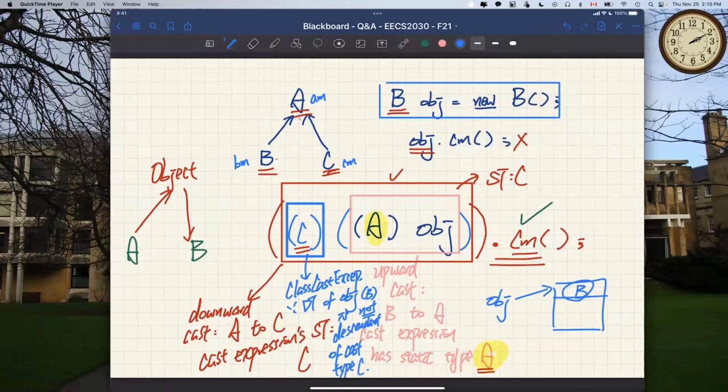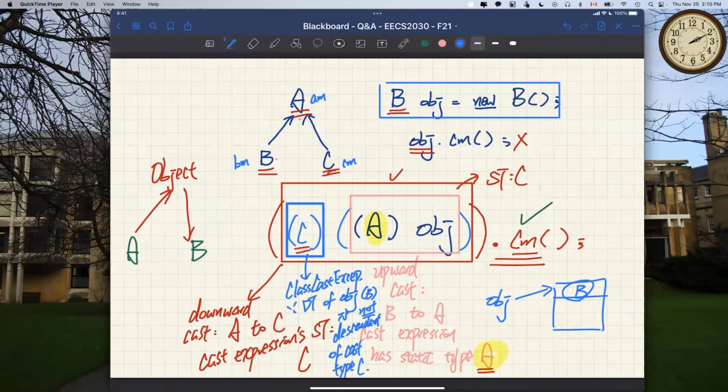All right, any follow-up? Yeah, so if I were to cast from B to C, but if I were to go further, if there was another descendant class of C and I was supposed to cast it there, would I put D instead of C? Yeah, sure.